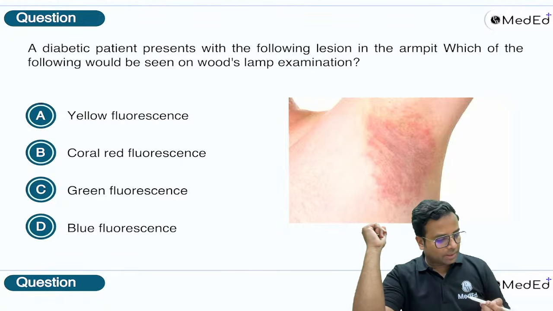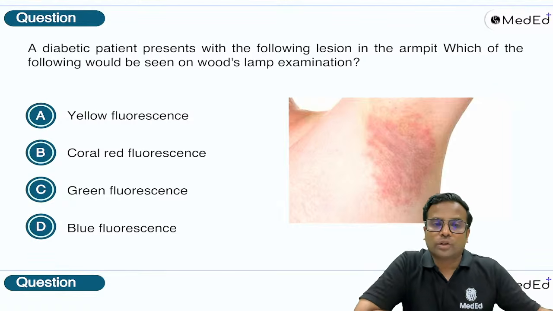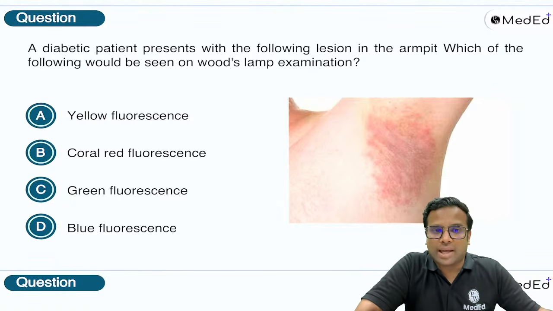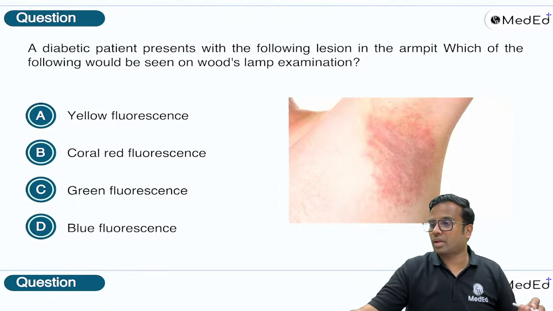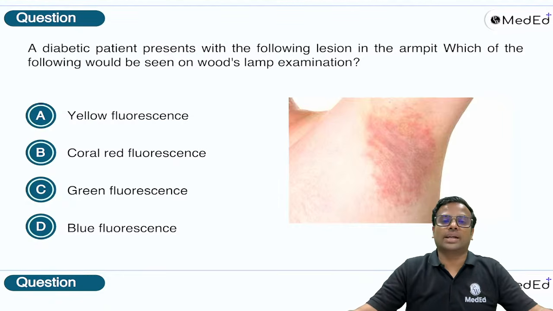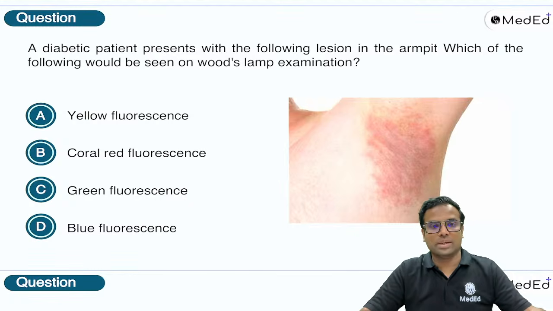Now, what are you expecting? Yellow, coral red, green, or blue? So we'll try to match what is most likely possible. Anyone in the chat box? Just giving you a few seconds to answer. The clue is axilla, hyperpigmentation. The Visual Vital Wisdom says B. Sanya also says B. Yes.